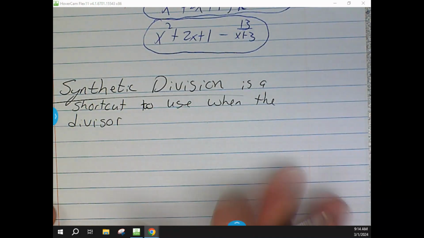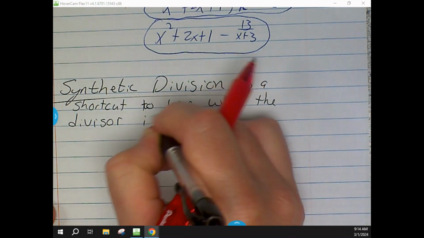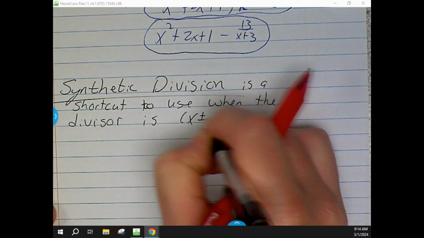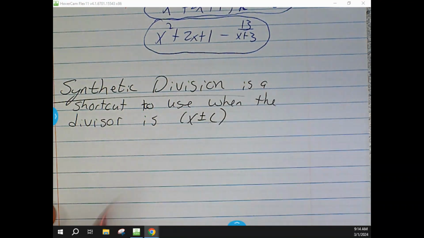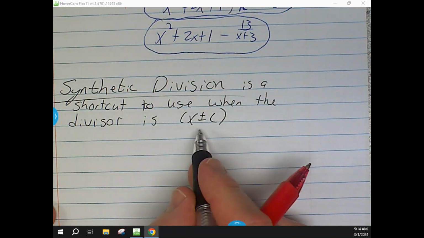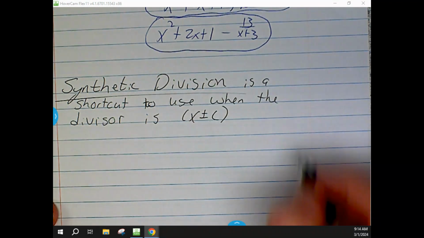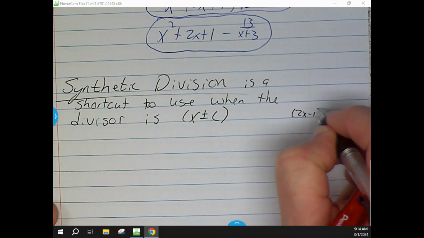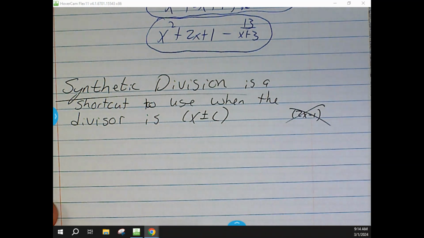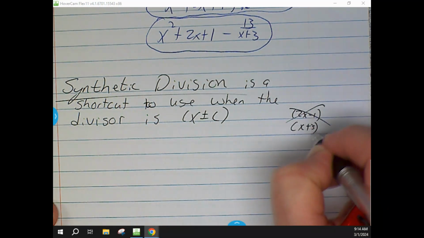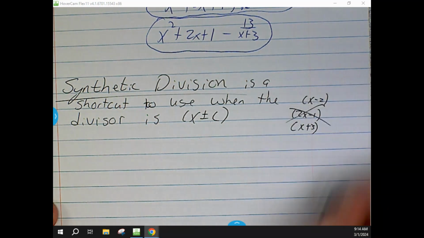When the divisor is x plus or minus some constant, x plus 3, x minus 4, x plus 2. So if you're dividing by 2x minus 1, you cannot use synthetic division. It has to be x plus 3 or x minus 2 or something like that.